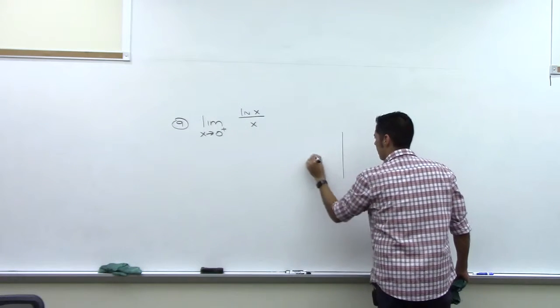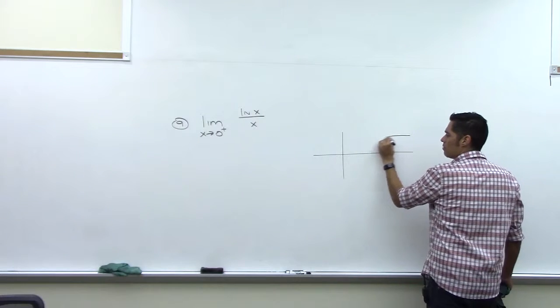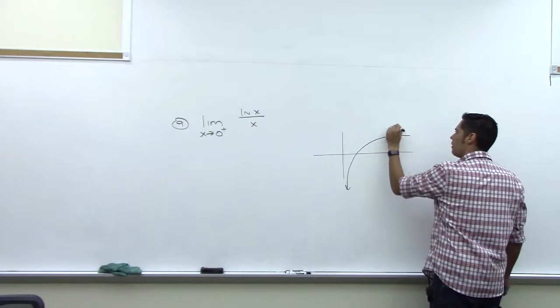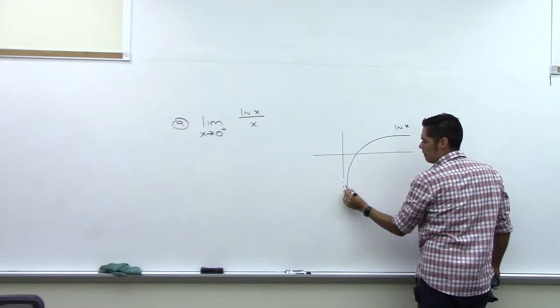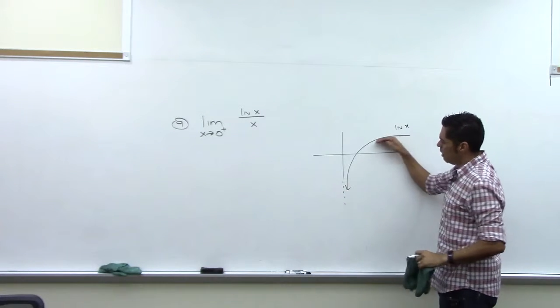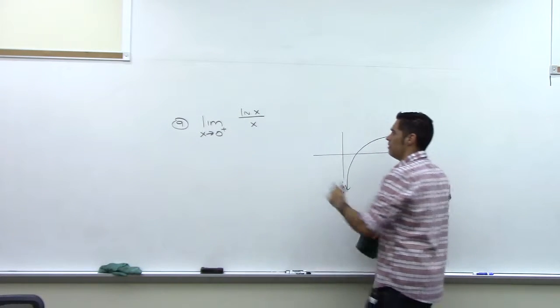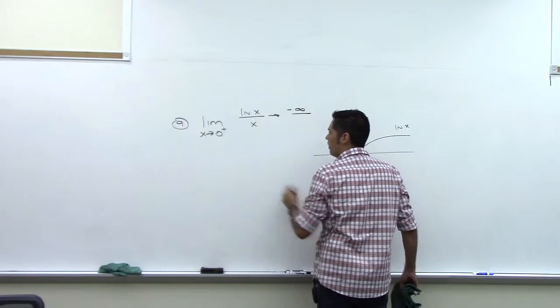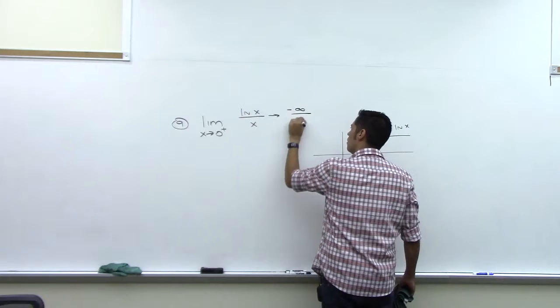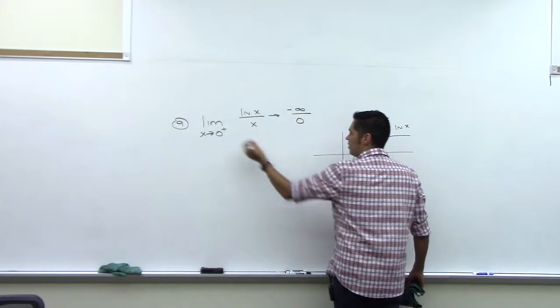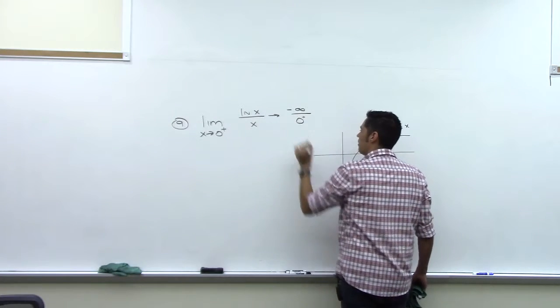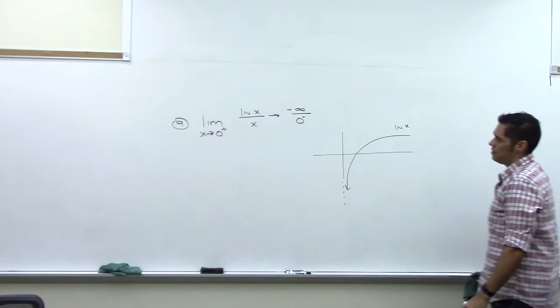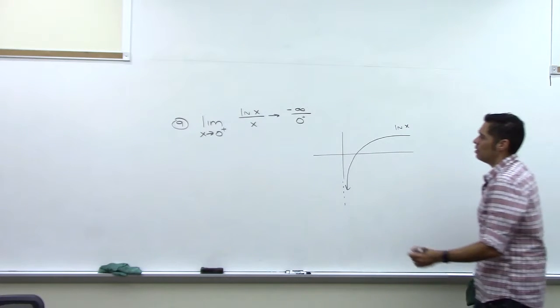So let me graph the natural log function. Natural log function looks like this. So as we approach 0 from the right, this heads to negative infinity over, and then the bottom is headed towards 0. And it's coming in from the right, so it's little positive numbers. So what happens here? There's two ways you can look at this.